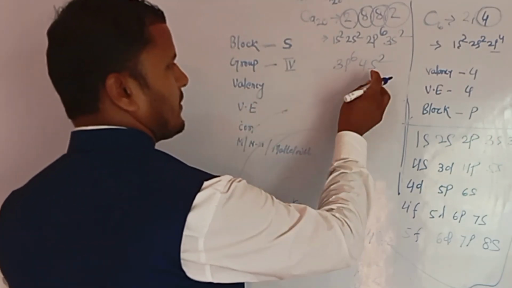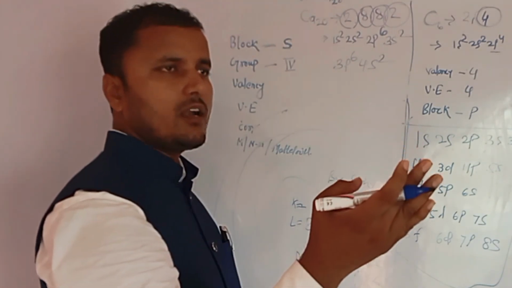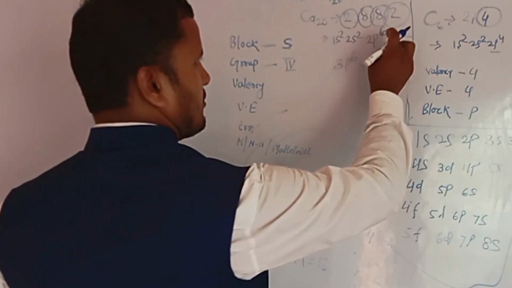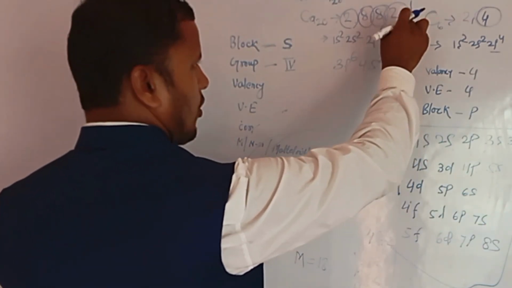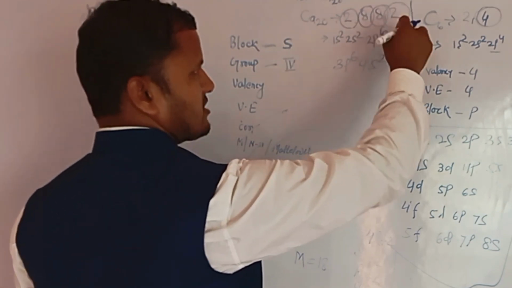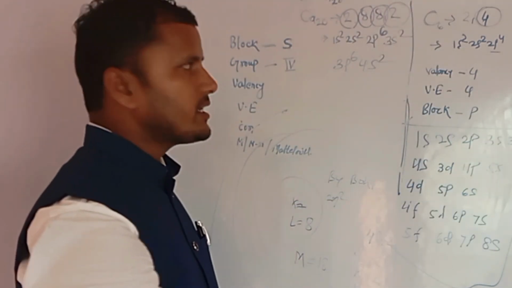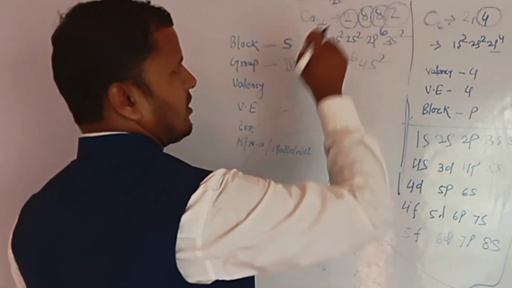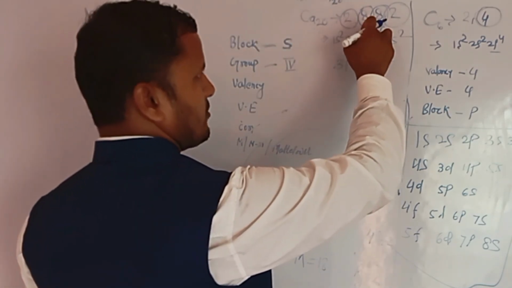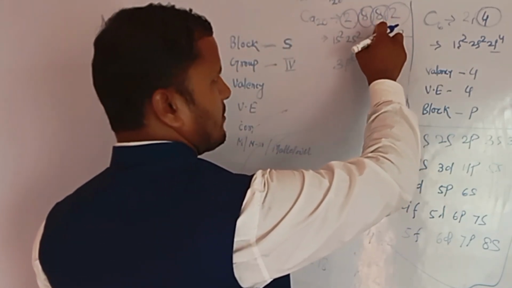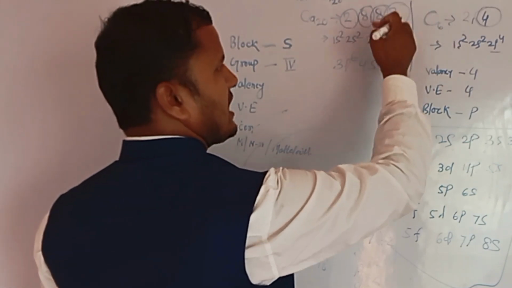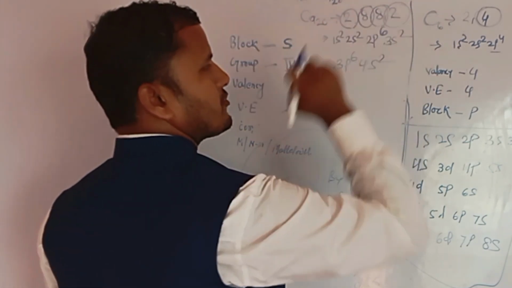Valency: the number of electrons present in the outermost orbit is called valency. The outermost orbit is the last orbit. This is the initial orbit, this is the second orbit, this is the third orbit, and this is the last orbit. In the last orbit, we have seen 2 electrons.